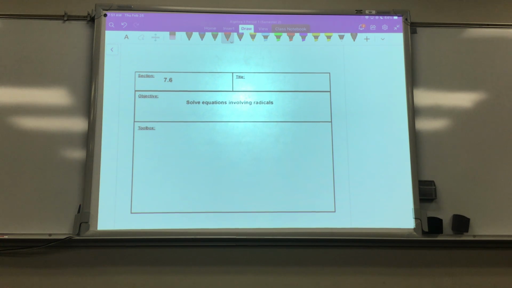Just like adding is the inverse operation of subtracting, and multiplying and dividing are inverse operations of each other, what's the inverse operation of radicals? Squaring is the inverse of square rooting, and cubing is the inverse operation of cube rooting. That's the idea we have to have.